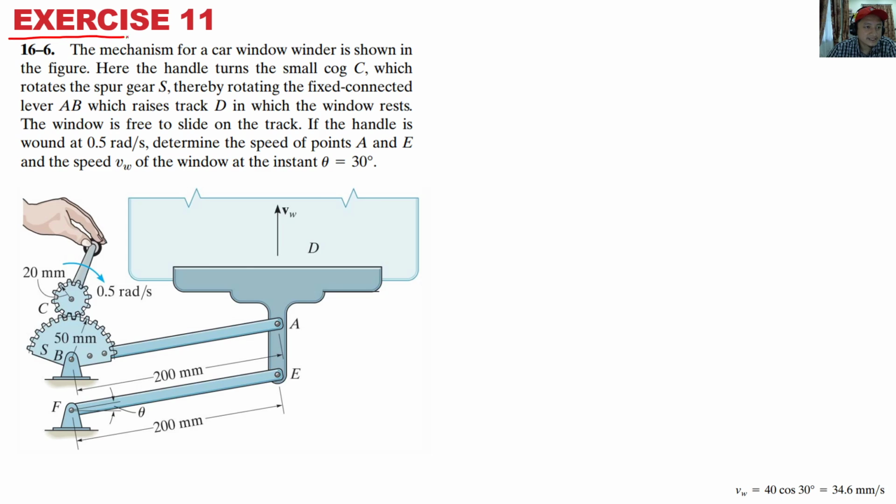We're going to do this exercise 11. What are we looking at here? This is a mechanism for a car window winder.